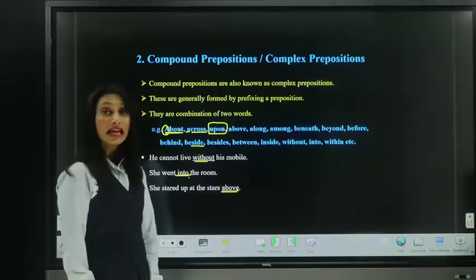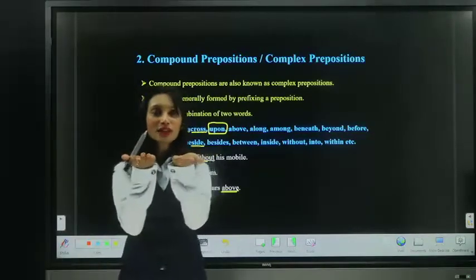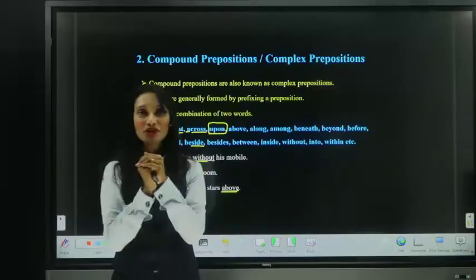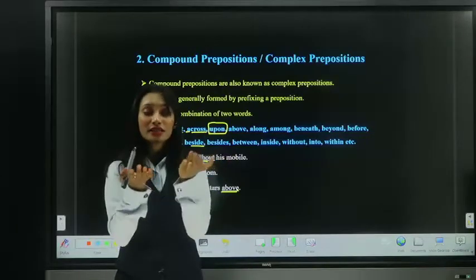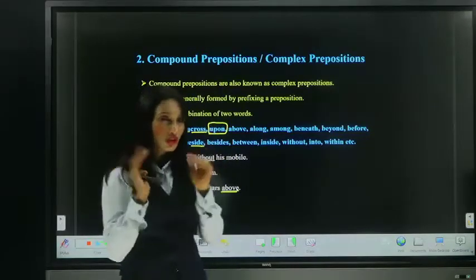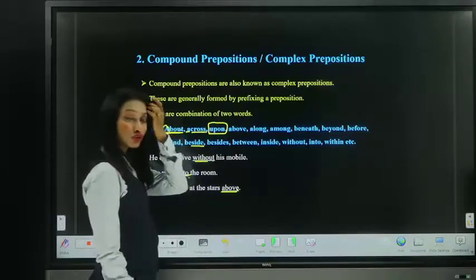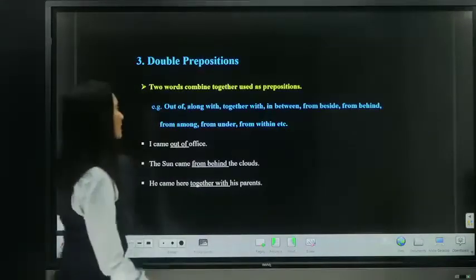However, double prepositions are formed by the combination of two words written separately but act as a single preposition. You cannot give meaning with one word or this word. Together it gives a complete sense. So do remember, double prepositions are formed by the combination of two words but act as a single unit. Look at these examples.